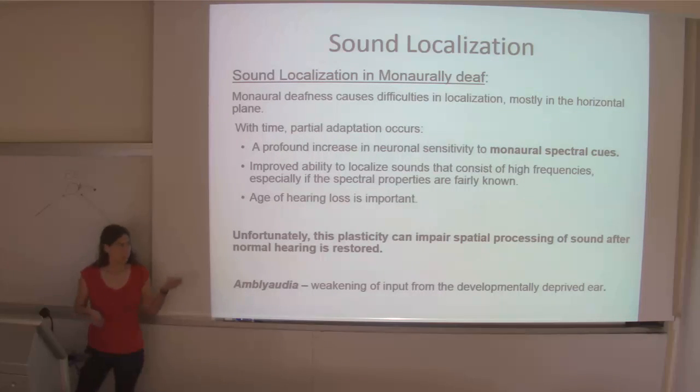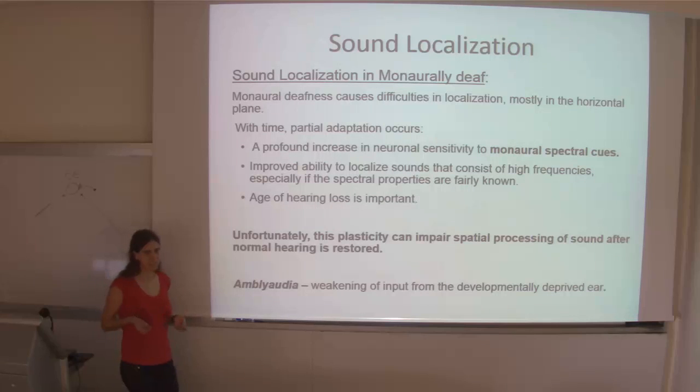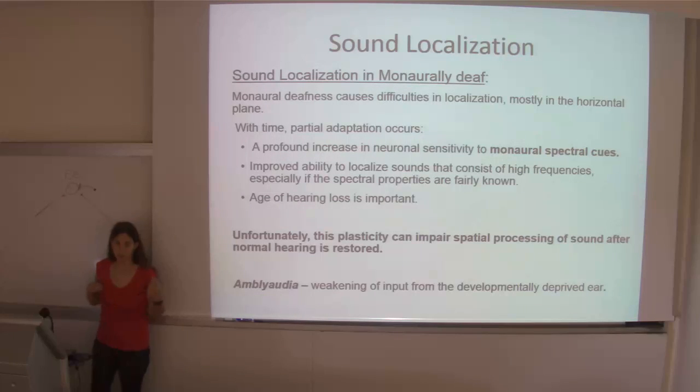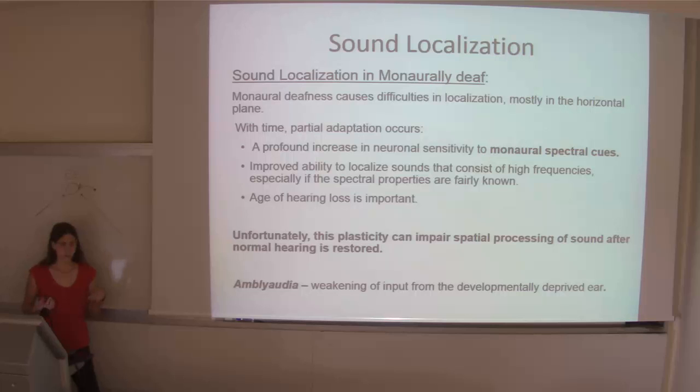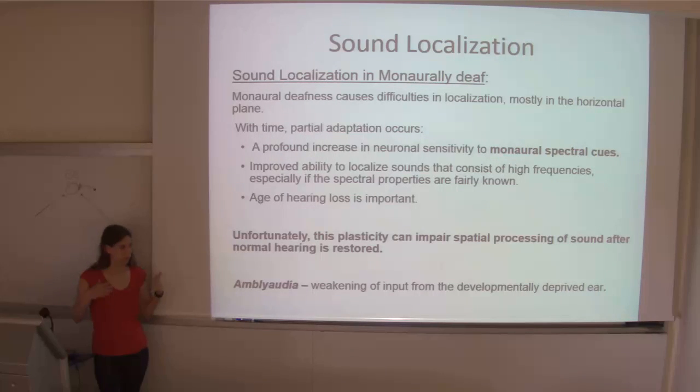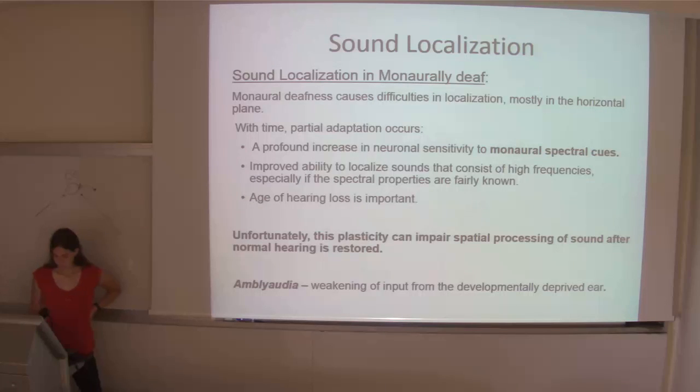And the problem with this plasticity is that sometimes it's irreversible. After normal hearing is restored, there is amblyopia, a weakening of the input from the ear that was deprived, and people can't localize sound well even though they have both ears intact. A similar phenomenon happens in vision also.